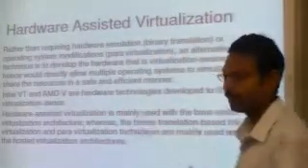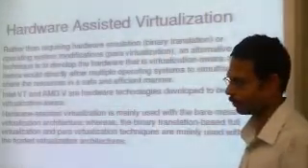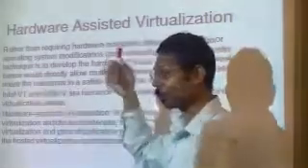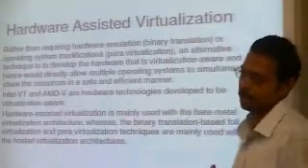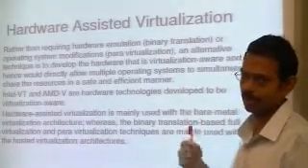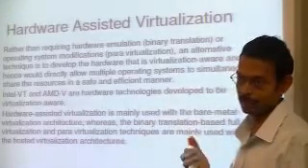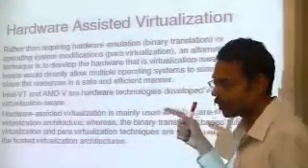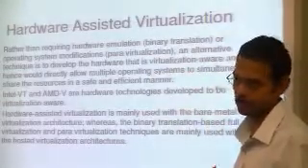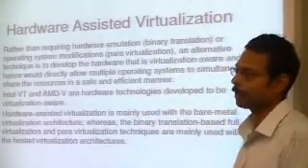Otherwise, you cannot really run your virtual machines. Okay, because why? If the hardware is virtualization aware, it's going to be much faster compared to full virtualization or binary translation, and even better than para-virtualization, because here the hardware is going to support this kind of access by the virtual machines.